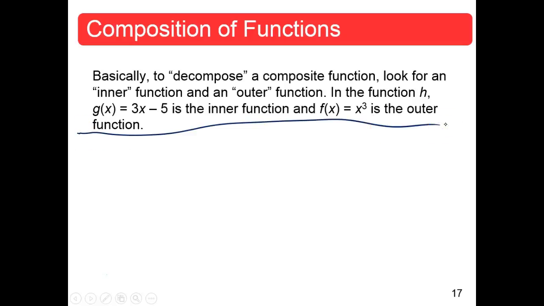Here's a function, h of x. So h of x is equal to 1 over (x minus 2) squared. Now, it says write this h of x as a composite of two functions.